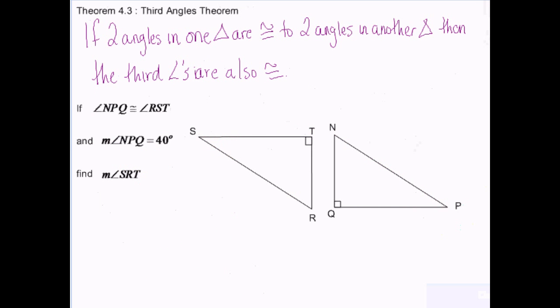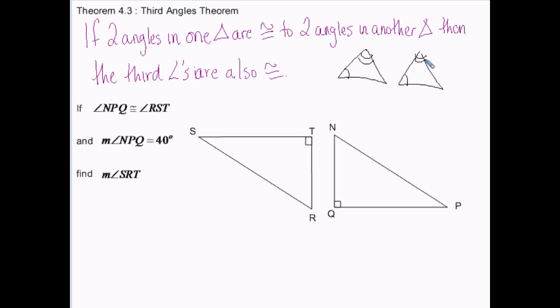This angles in a triangle theorem is like the third angle theorem. So if 2 angles in one triangle are congruent to 2 angles in another triangle, then that makes the third angles congruent. So if I have 2 triangles, and this angle is congruent to that one, this angle is congruent to that one, well, since they add up to 180, that third angle will be the same, because if these two are the same, then that one has to be the same, sort of forces it.